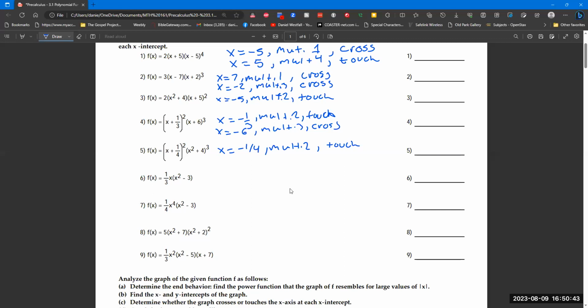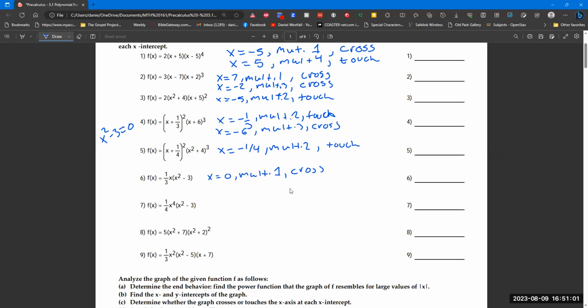Watch out for this x out front. That gives us a multiplicity of 1 on the 0, x is equal to 0. That's an odd multiplicity, so it's going to cross through. We have x squared minus 3 now equal to 0.